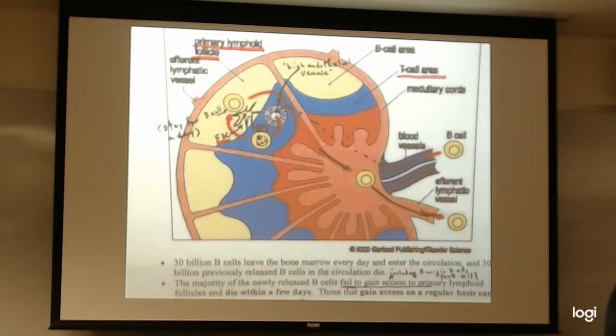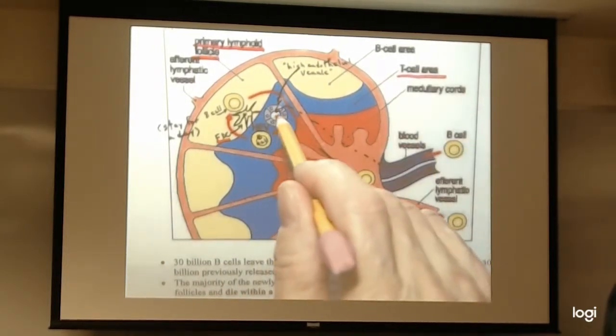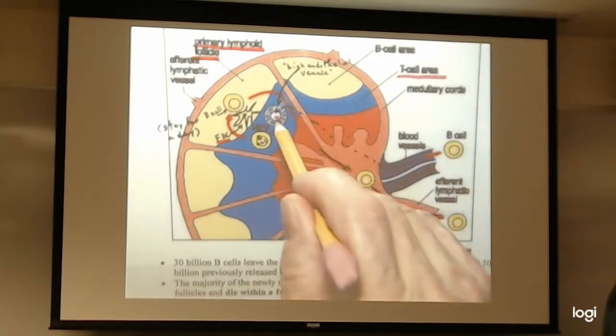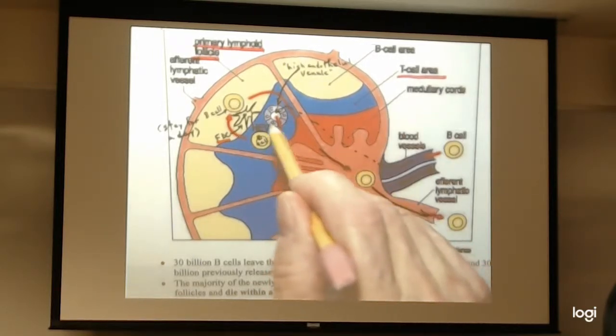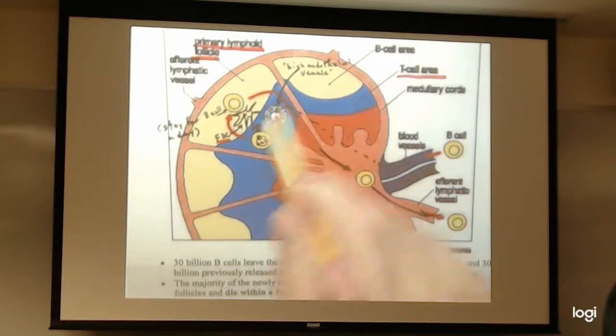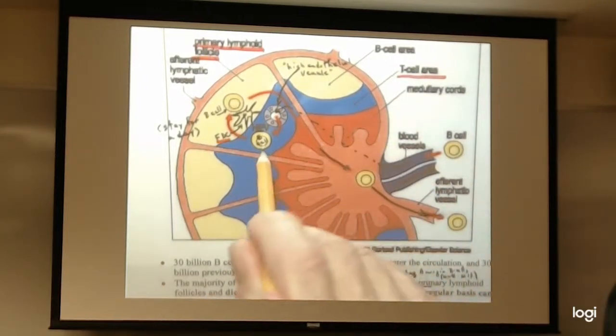Maybe not the very first lymph node they encounter, maybe it'll be the 10th lymph node they encounter, but pretty soon, in a probabilistic way, they're going to do the diapedesis thing here, leave the blood compartment, pass through the blood vessel cells, the vascular endothelial cells, and come into this blue-coated area, which is the T cell area of the lymph node.